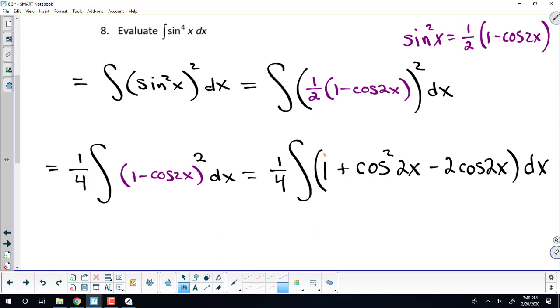So we can take the antiderivative of 1 fairly simply, antiderivative of cosine of 2x fairly simply. But the issue that arises once again is that now we have a cosine squared we have to integrate. So to integrate the cosine squared, we're going to use the identity again.